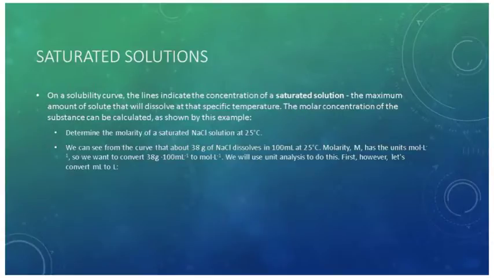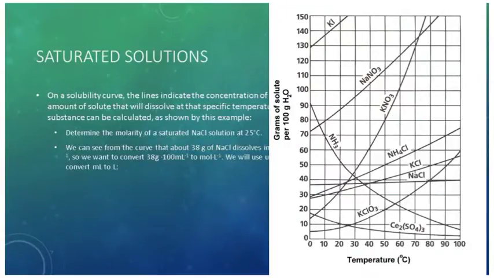So I can pull this up and show you. Here's the curve for sodium chloride. Right there. And then at 25, which is about here, and over, we get 38.